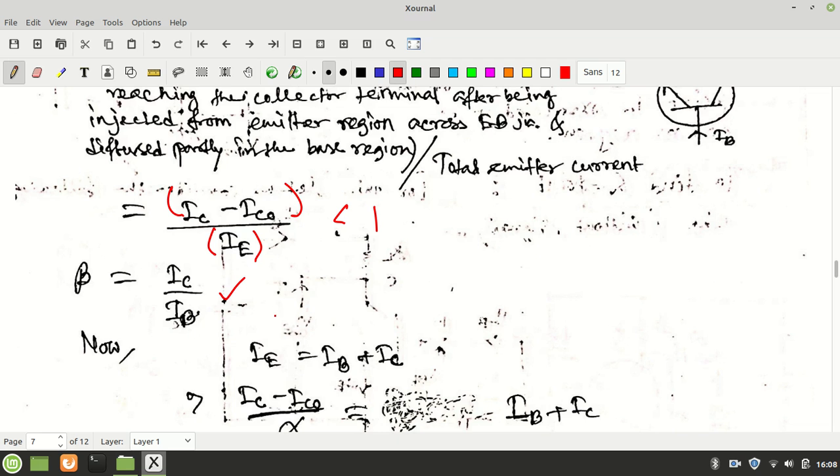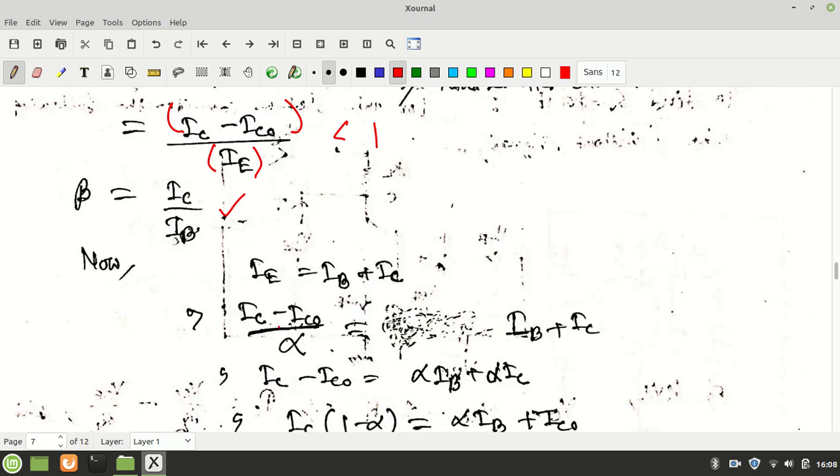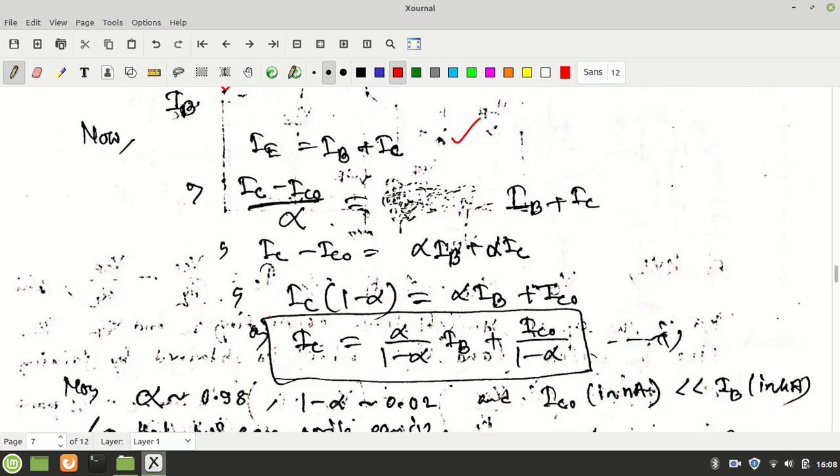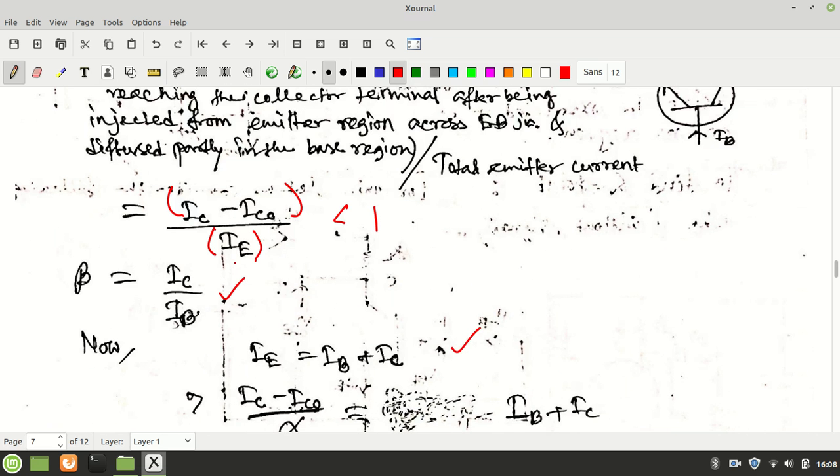There is another current ratio, IC by IB, that is the current gain, collector current by base current in CE mode, and the relation between those two is very interesting. Starting from IE equal to IB plus IC, you can write IE using the equation of alpha: IE is equal to (IC minus ICO) by alpha.